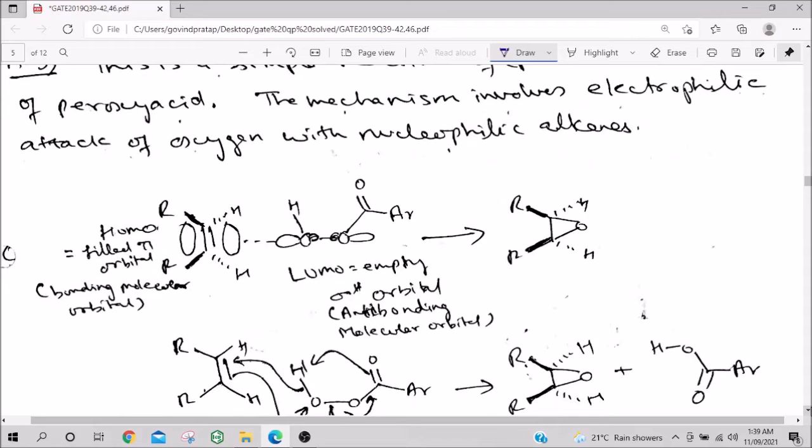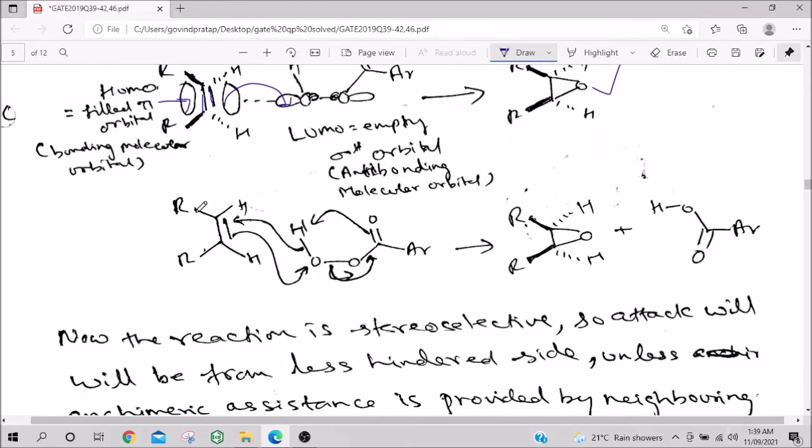So basically in this one, the alkene has this pi bond, the HOMO, the filled electrons, they go and attack on this oxygen through its anti-bonding orbital, and it basically undergoes epoxidation. So how it happens is something like this. This pi bond goes and attacks here because this is an electron rich center and this is an electron deficient center.